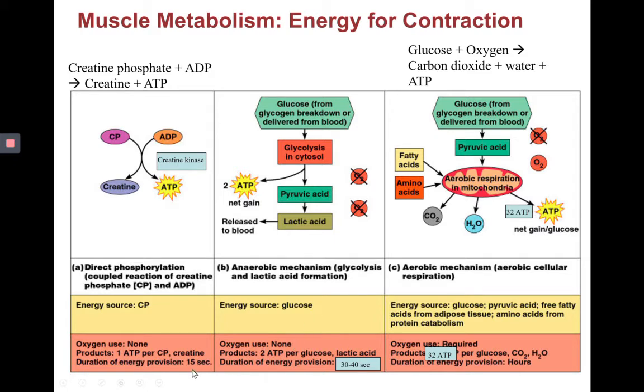Both of these are quick, 15 versus 30 to 40 seconds, but we get the most ATP using the aerobic mechanism, so that's why most of the ATP that muscle cells use for metabolism is made using aerobic respiration. So if you were asked which of the following methods produces the most ATP for the use of energy for contraction, you would say the aerobic mechanism or aerobic cellular respiration.